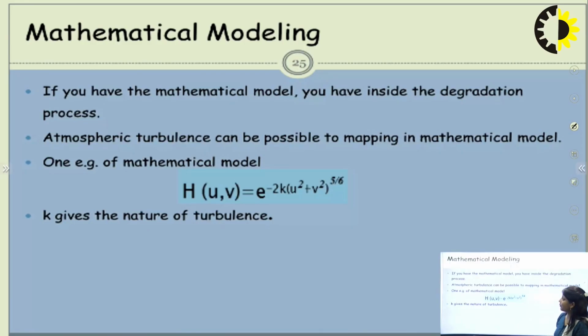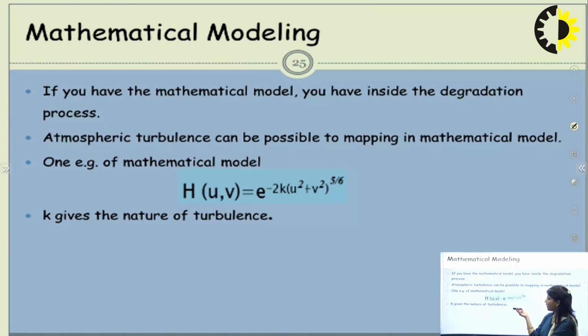For mathematical modeling, if you have the mathematical model, how can we calculate this function H(u,v)? There is a mathematical model we have to apply here. This H(u,v) can be calculated via the function e raised to the power minus k times (u square plus v square) to the power 5 by 6. This is the formula, this is the mathematical model.